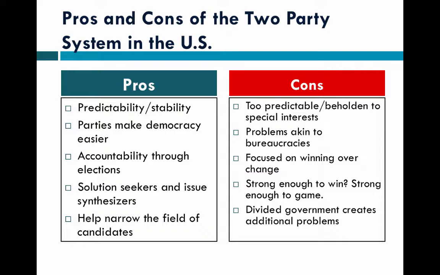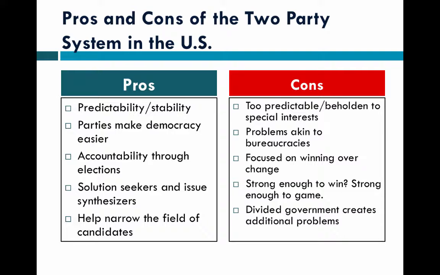Now, on the other hand, there are a significant number of cons, which is why people generally do not like political parties in the U.S. That predictability can be too predictable. They can be too beholden to special interests, and these aren't necessarily interests with money, although that happens.